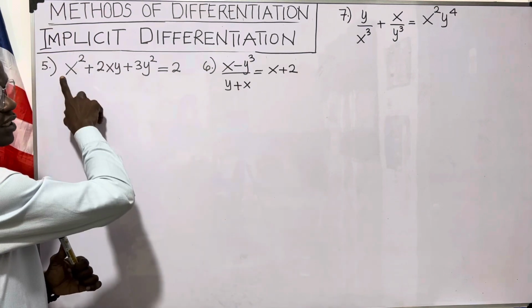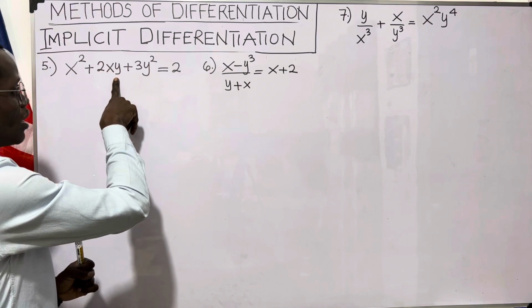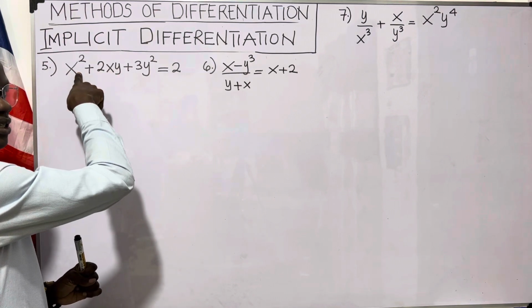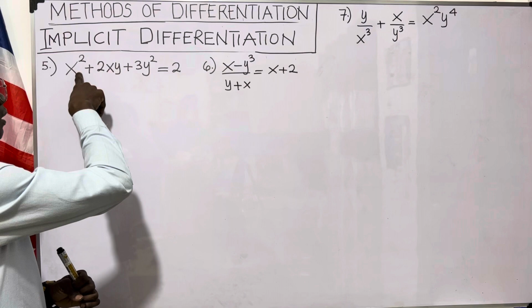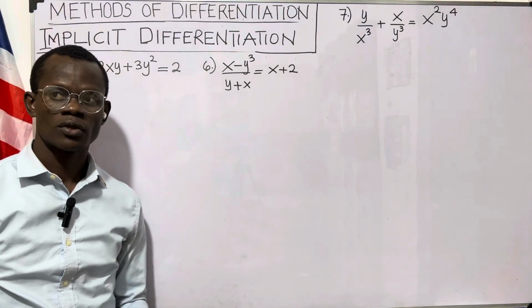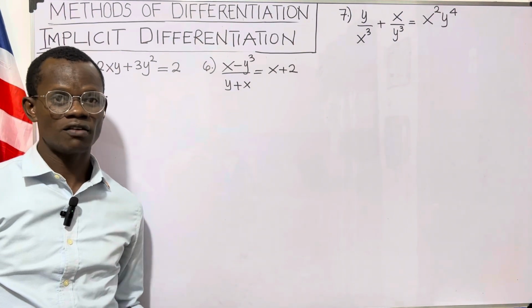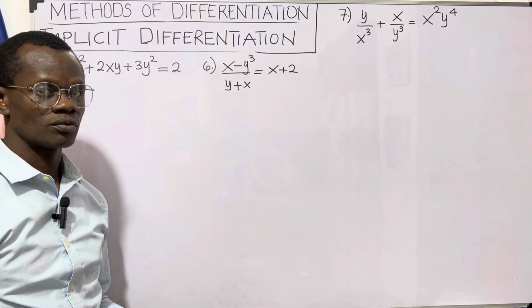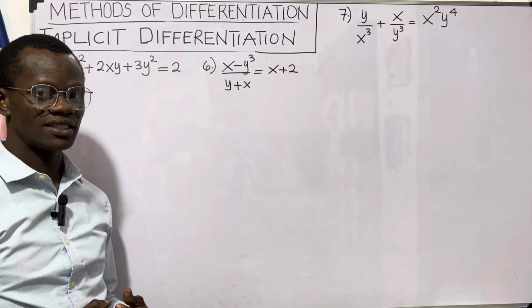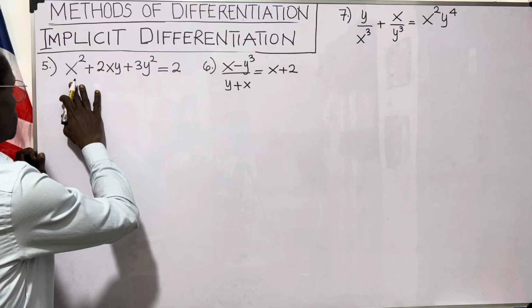If x was the name of this function and the independent variable was y, we would have attached dx/dy to this x. But traditionally, x is most times the independent variable and y is the dependent variable. So y most times takes the name of the function. So let's find its derivative.